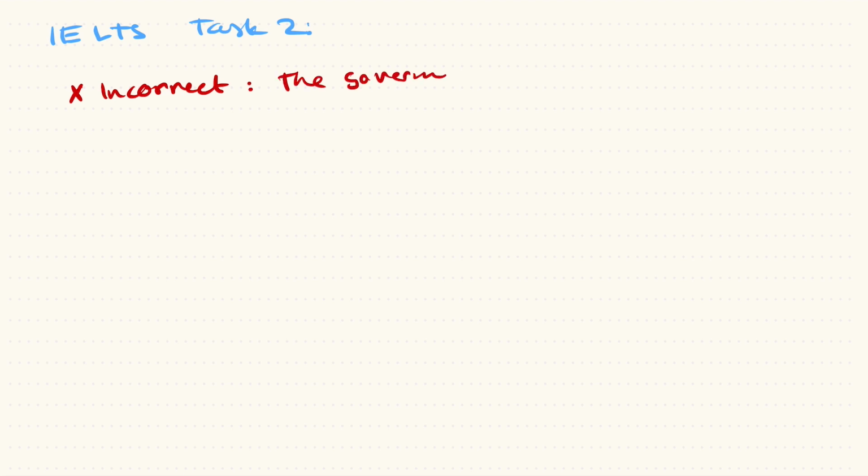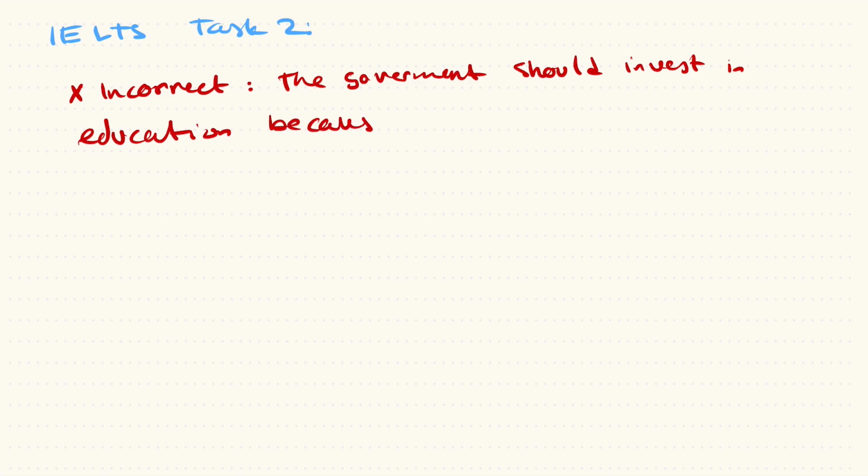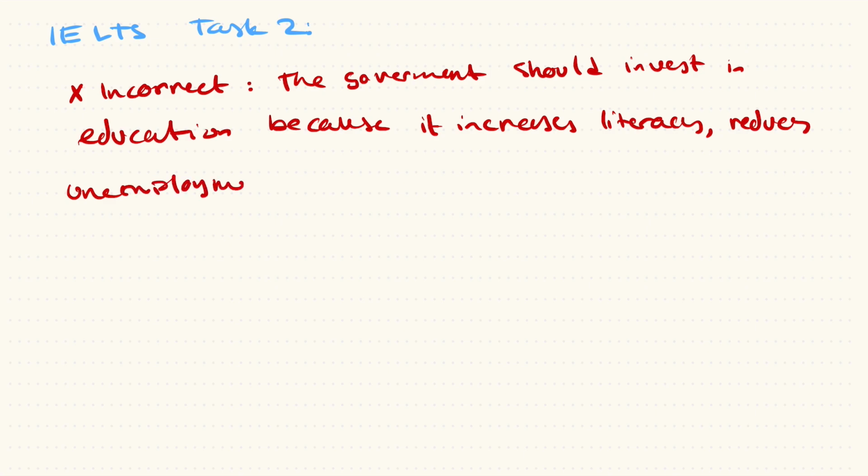So: the government should invest in education because it increases literacy, reduces unemployment, and that it improves innovation.